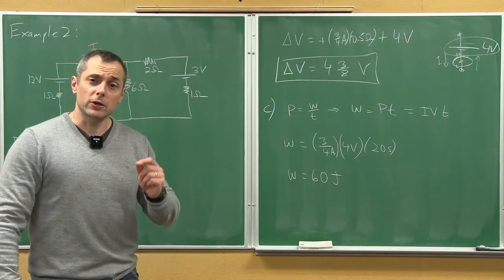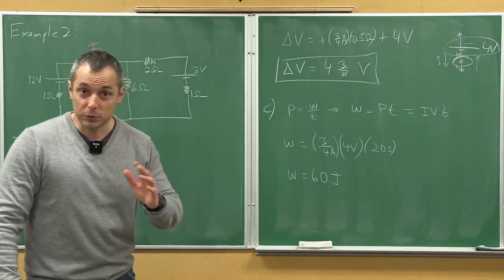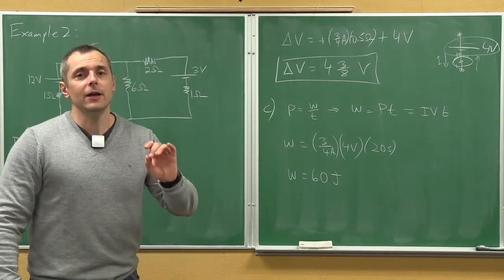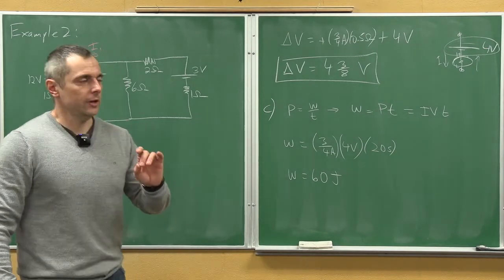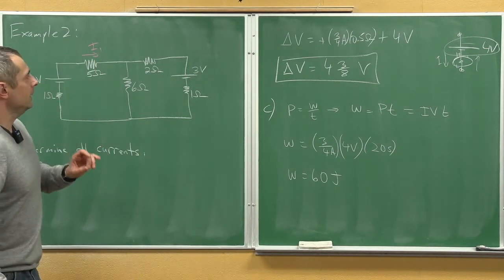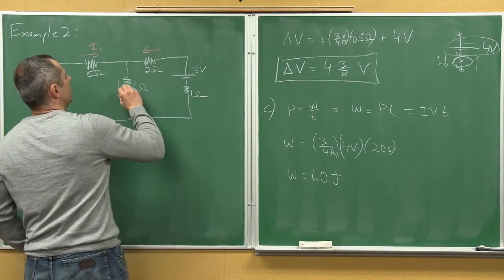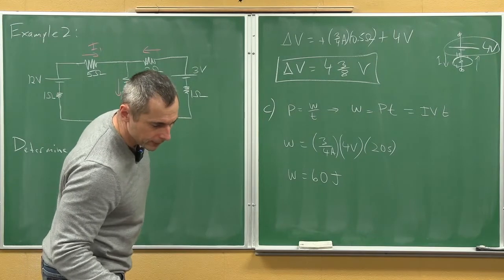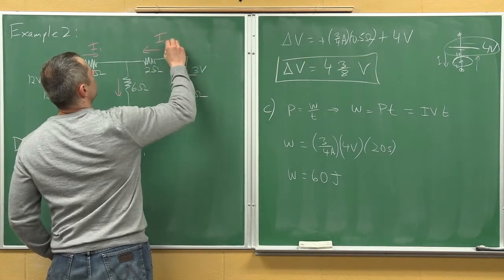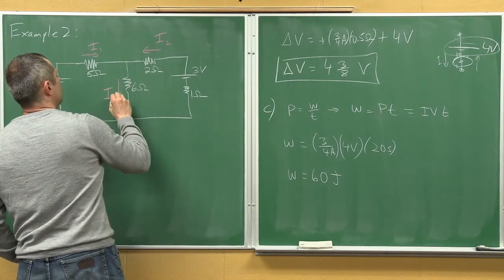So what you do is you guess. And it's perfectly okay; you'll see later that it works out even though you guessed. The guess I'm going to make is that this current goes like this and this current goes like that, I2 and I3.